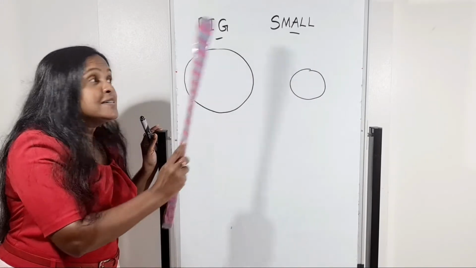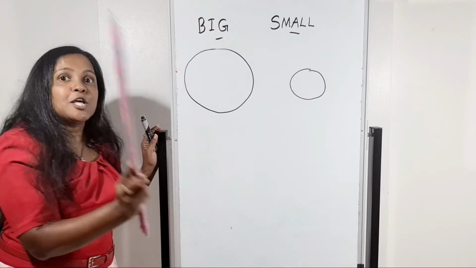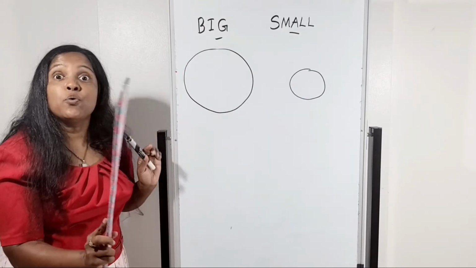Big circle, small circle. Now I am going to draw two flowers.